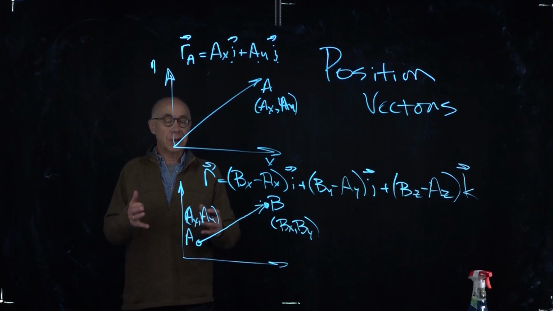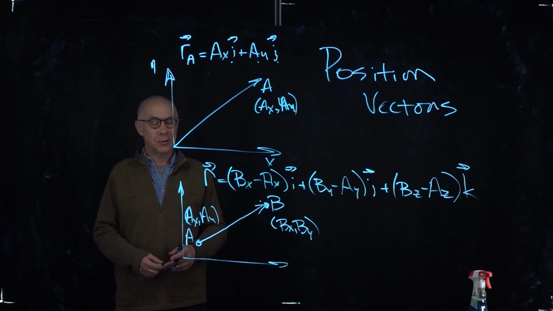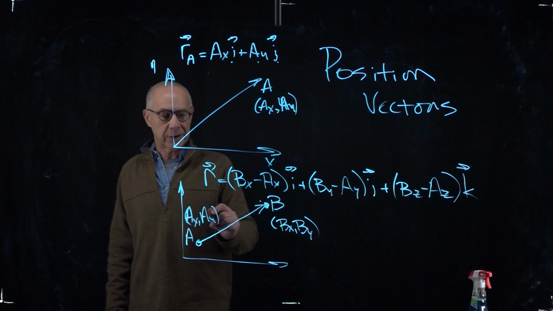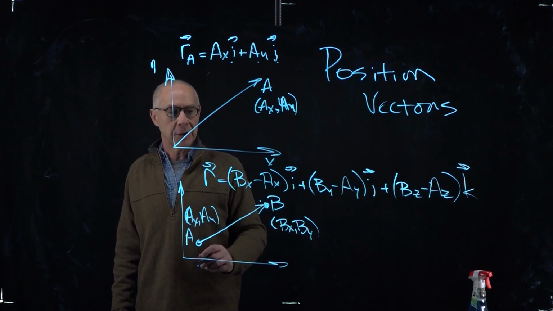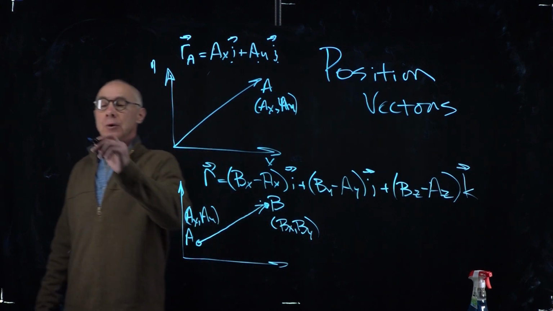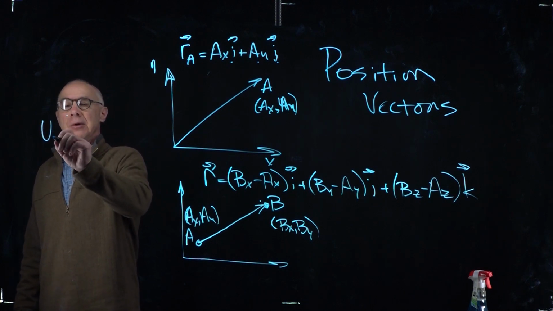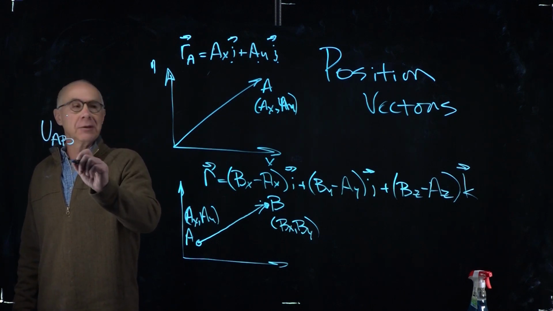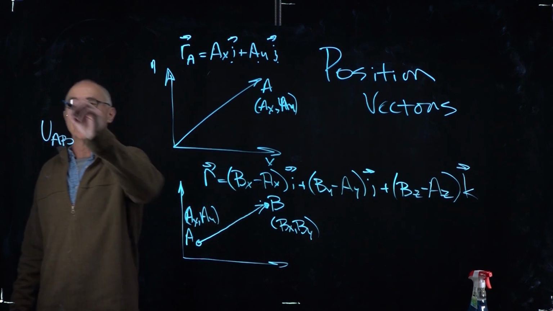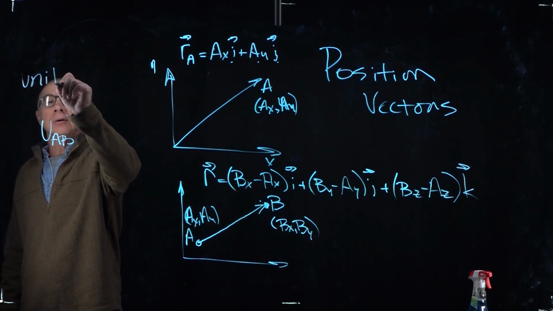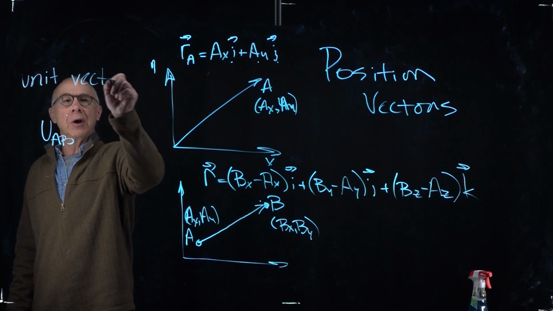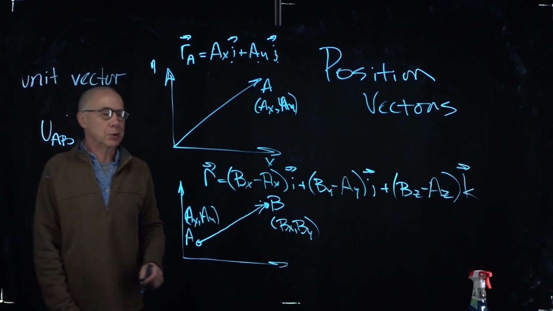Now, if for some reason, and you are going to find reasons to do this, you want a unit vector in this direction, I'll call that u_AB. So we want a unit vector in the direction of our position vector. We know that unit vectors have a magnitude of 1.